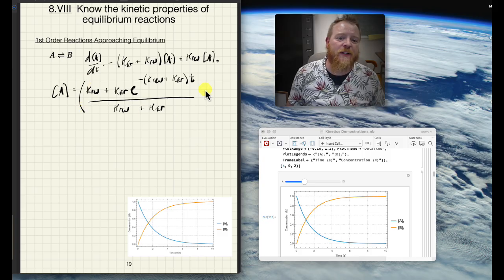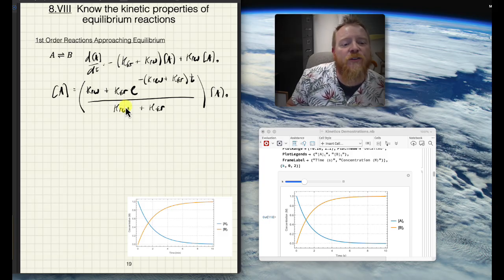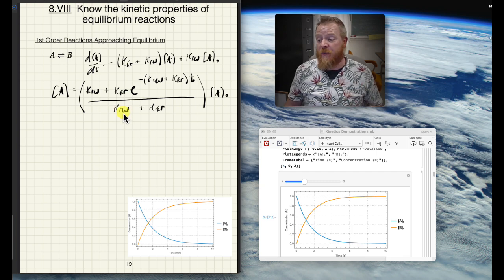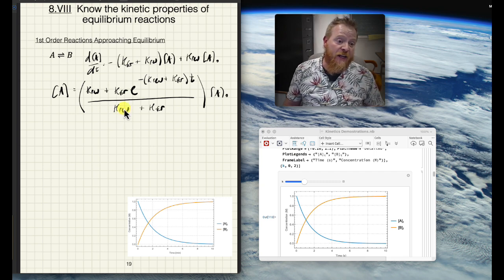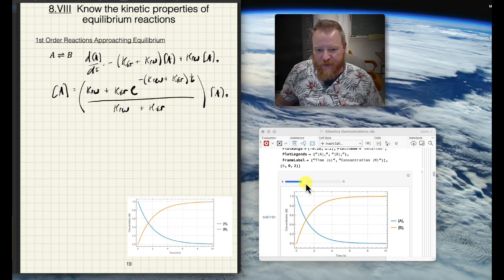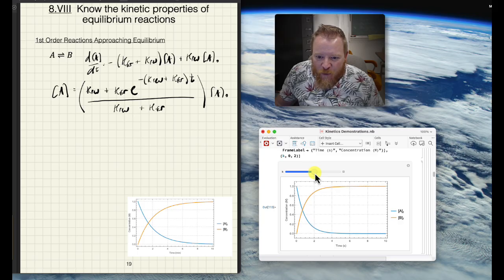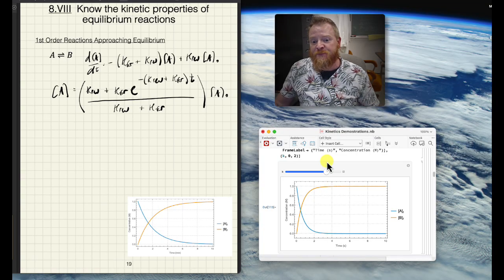And all of this is multiplied by the initial A concentration. Okay. So what we can also get from this is an expression for A at equilibrium. So if we note here now in this reaction, if I increase this K, we can see where the equilibrium concentrations are being achieved, right?